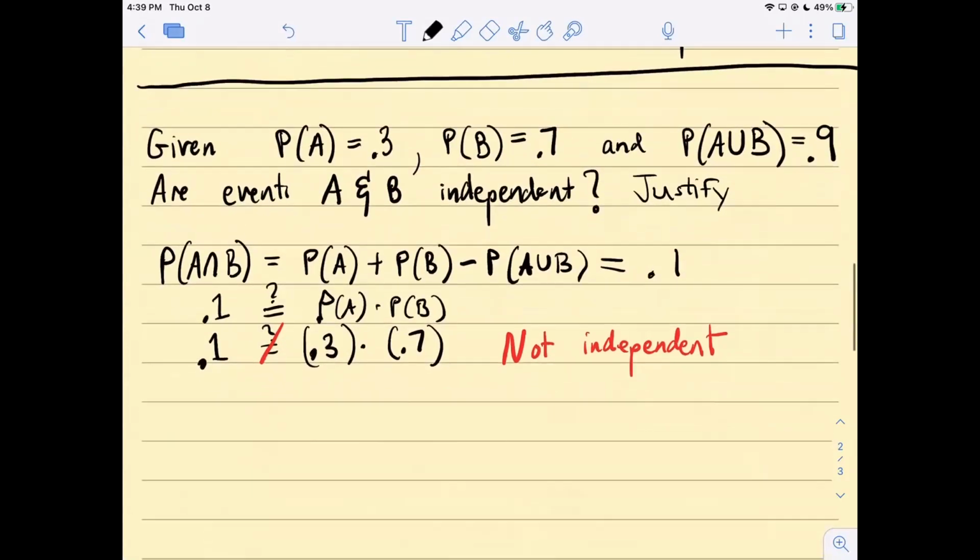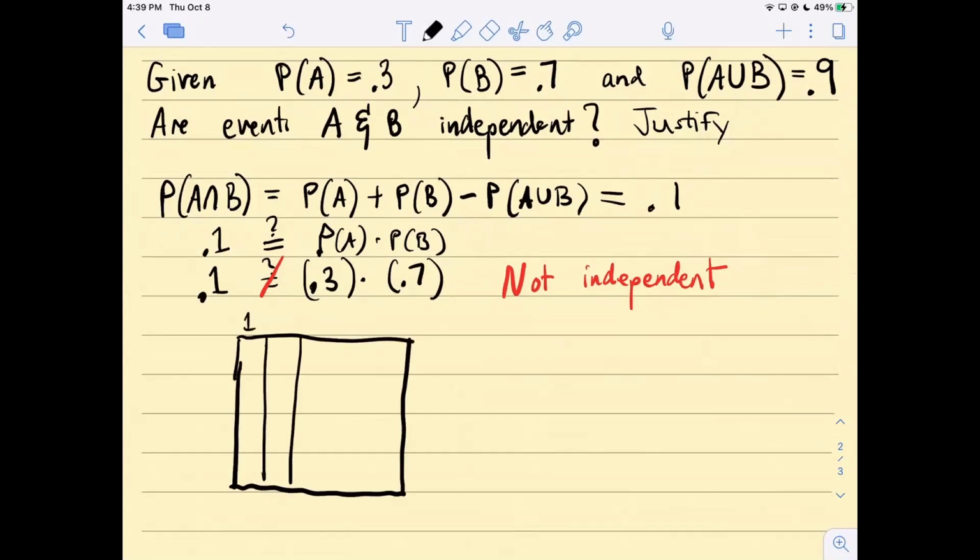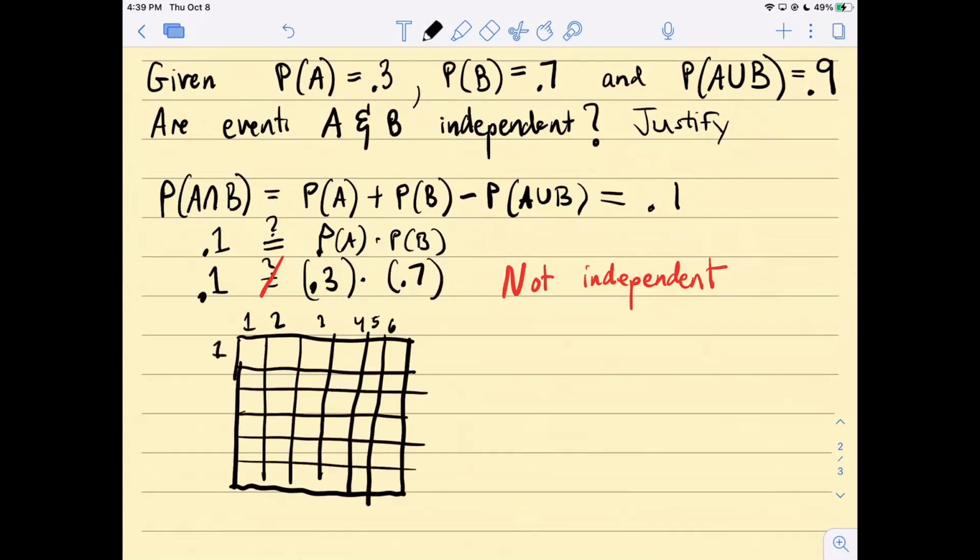A good way to visualize independence, or the multiplication rule, is the 2 dice thing. So 1, 2, 3, 4, 5, 6, and 1, 2, 3, 4, 5, 6.